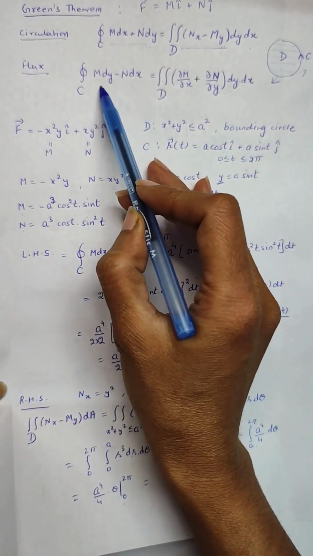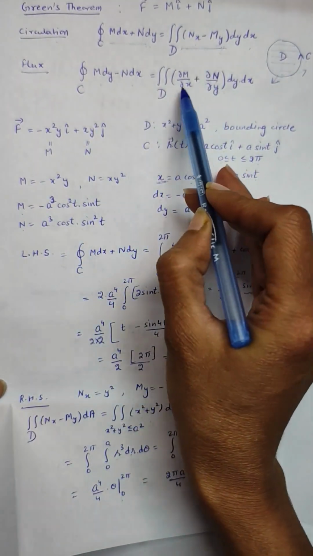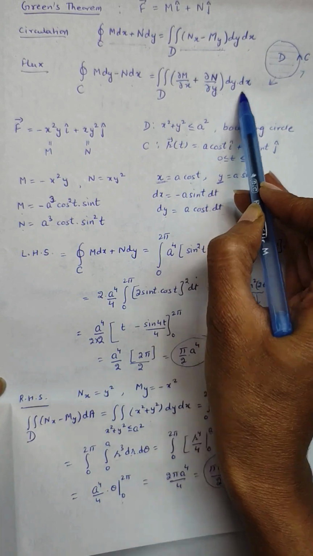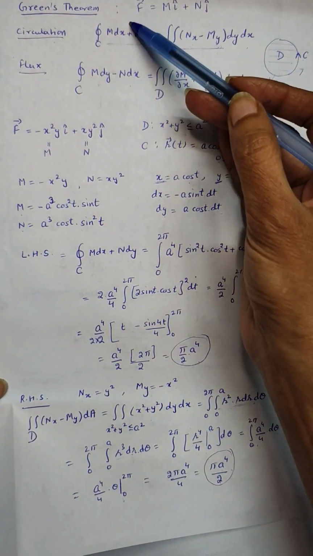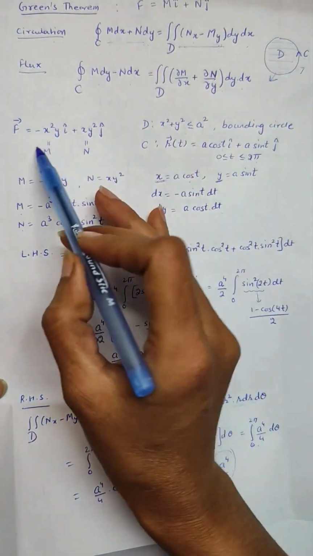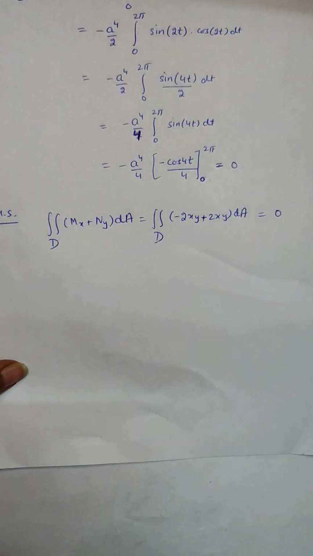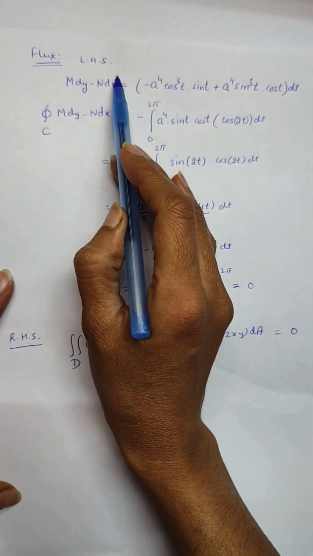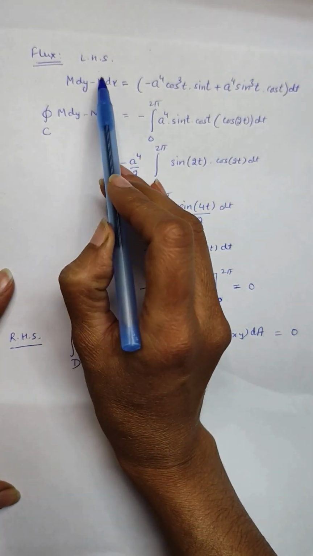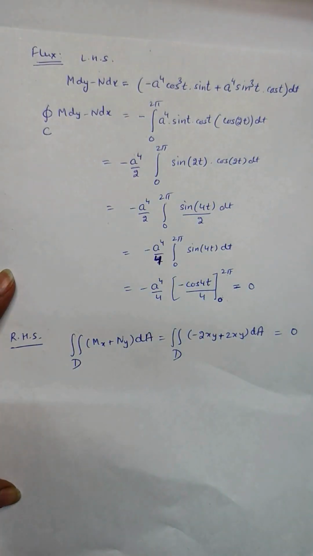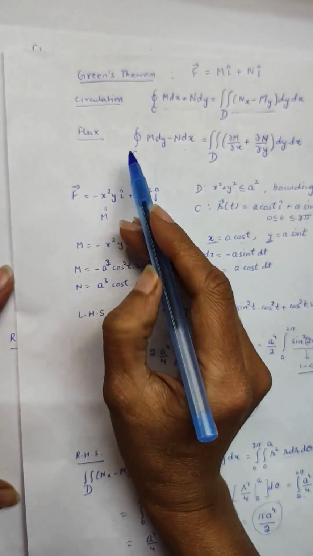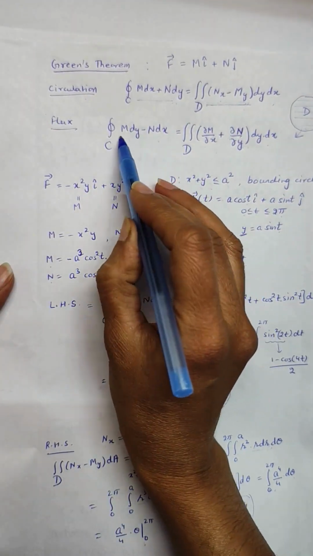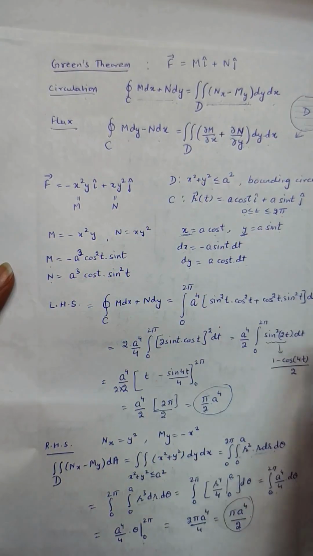Now we are going to calculate flux using this formula and then using this double integral, and verify that Green's theorem is true for this given field. So the flux is the left hand side, the function inside the left hand side integral is m dy minus n dx.